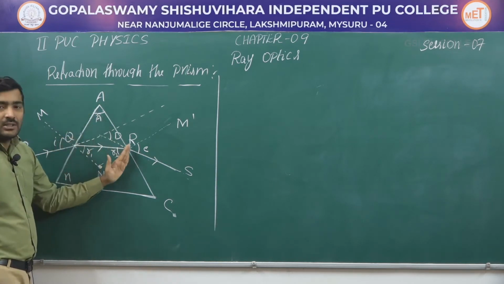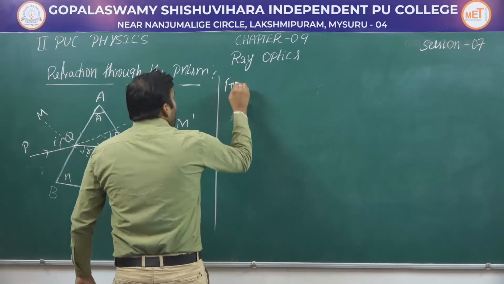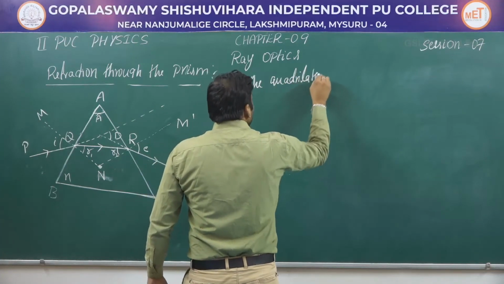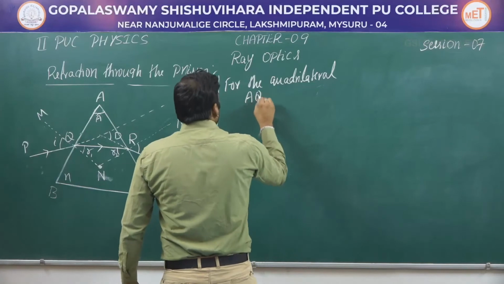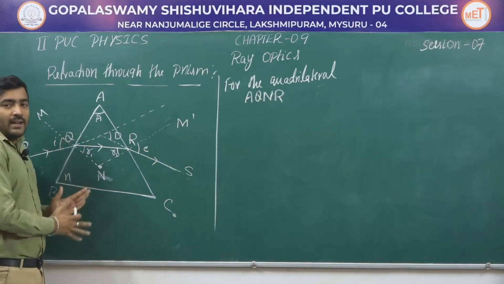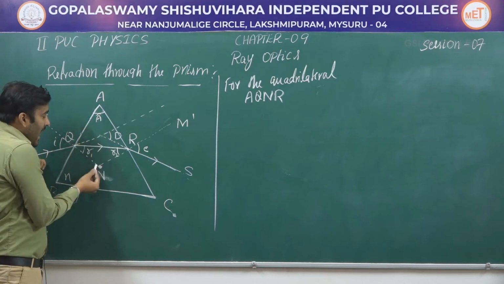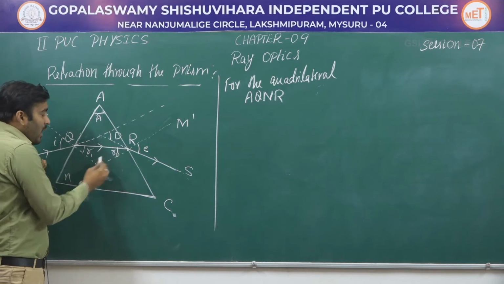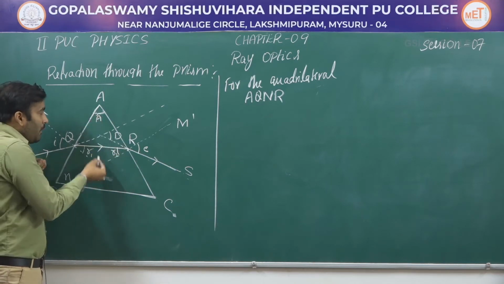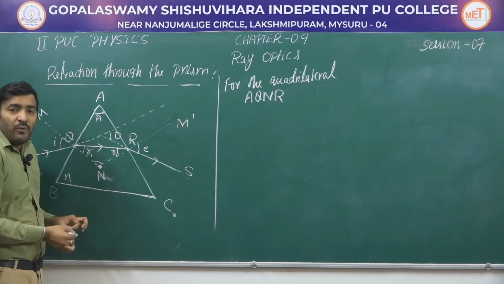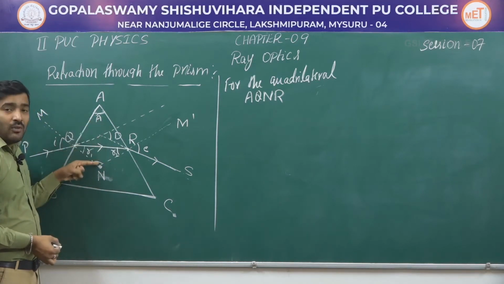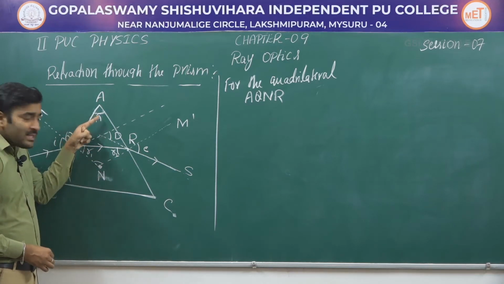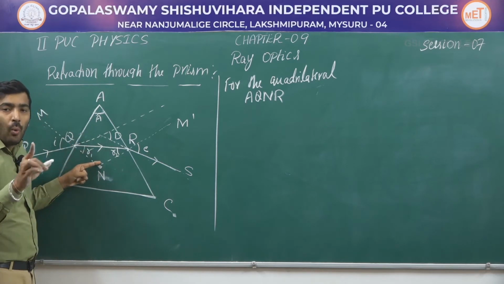So, for this quadrilateral AQNR, the angle A and angle QNR are opposite interior angles. The sum of the opposite interior angles of a quadrilateral is equal to 180 degrees. So, this angle plus this angle should be equal to 180 degrees.